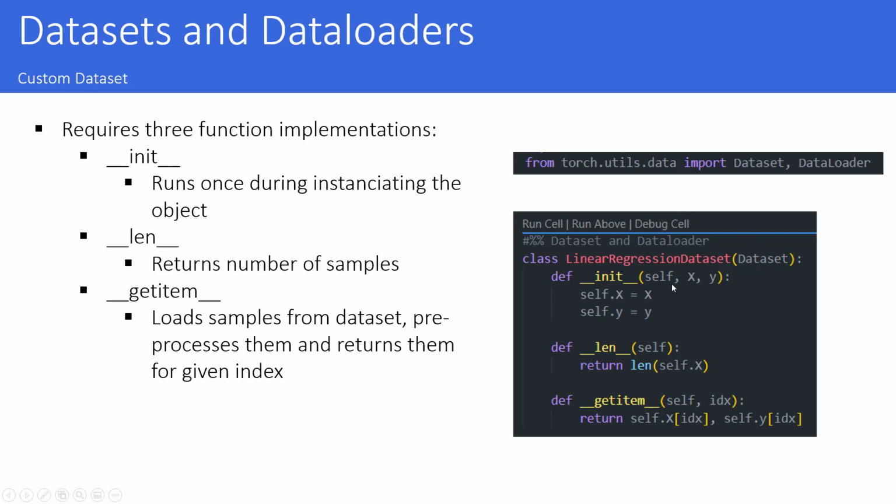So here we are passing in our independent and dependent dataset x and y. We are creating the internal objects x and y, and then the len function is just returning the length of your dataset, and the getitem function is provided with an index, and then it's returning the independent and dependent feature at the position of the index.